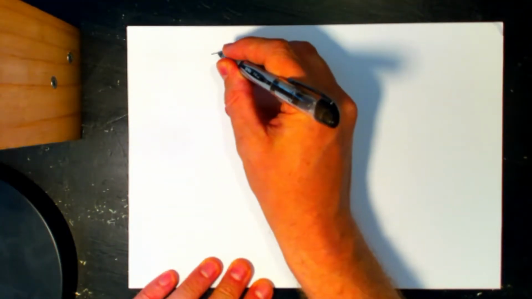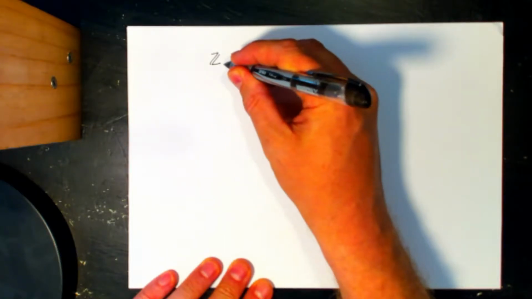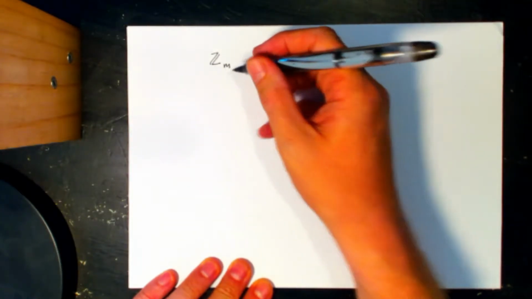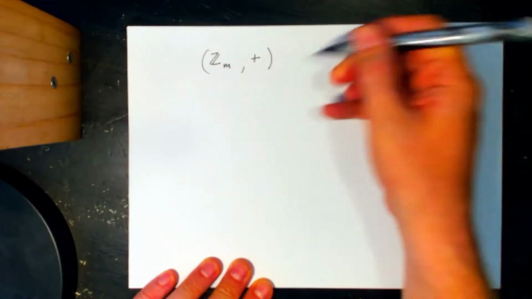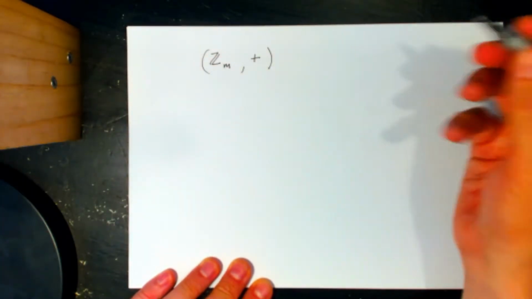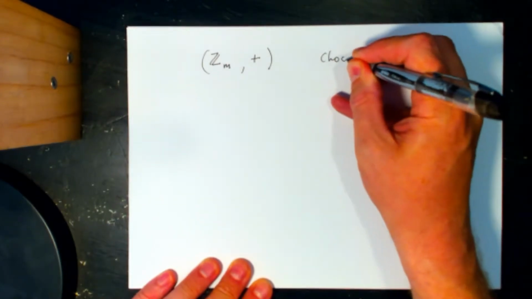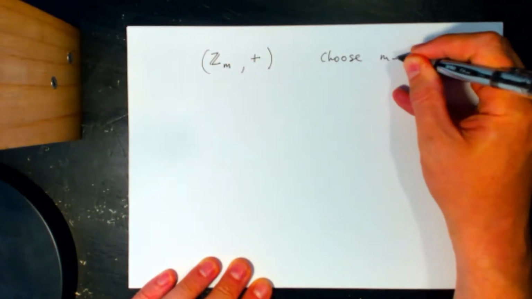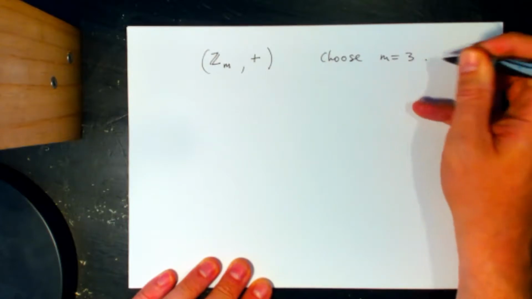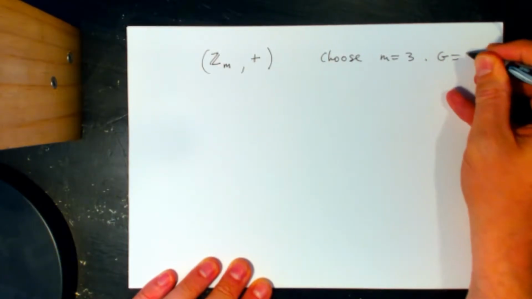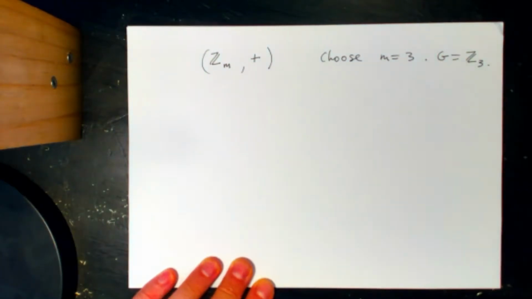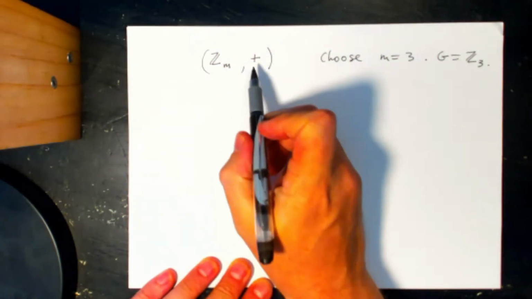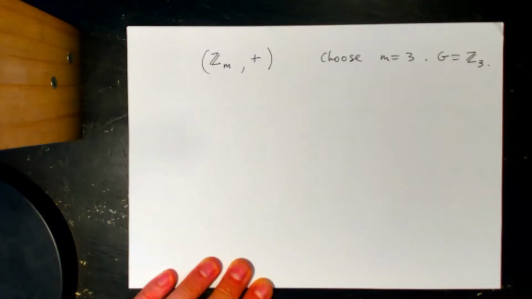And so this one is integers modulo m together with addition. And let's choose, in our example, m equal to 3. So here we have G is equal to integers modulo 3. Okay, and my operation here is under addition.